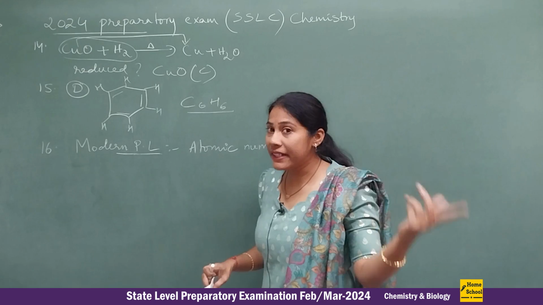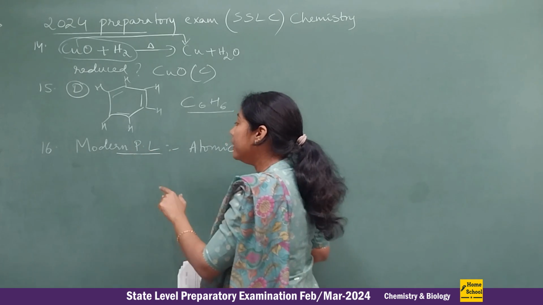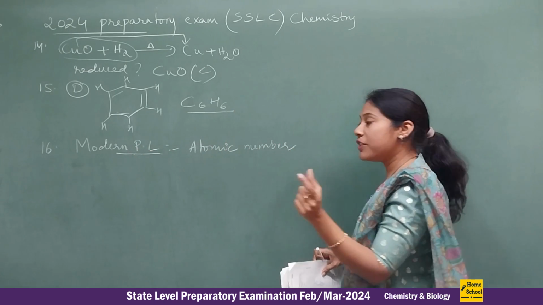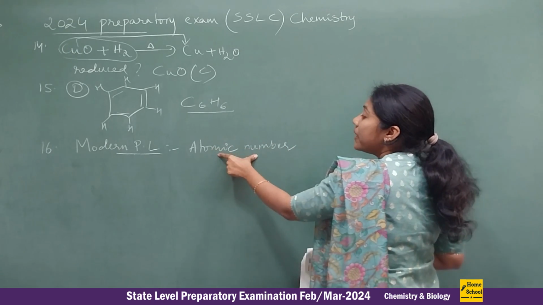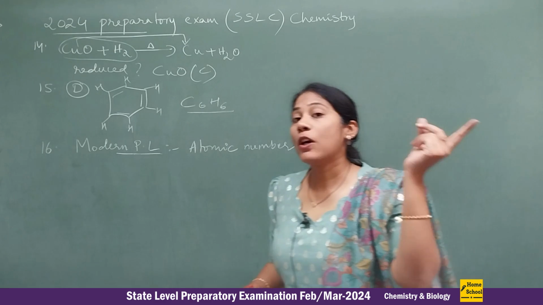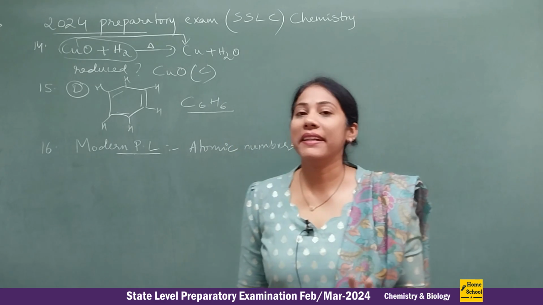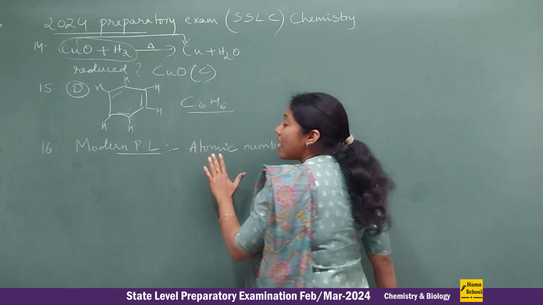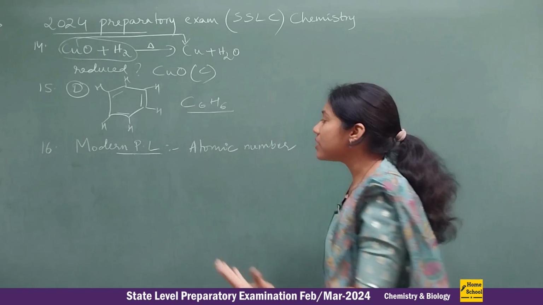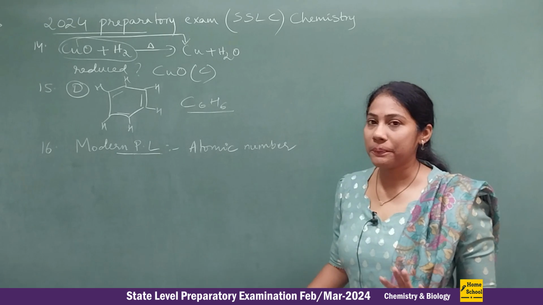That was Mendeleev's, and here it is modern. Only one word difference you will have between Mendeleev and modern: here atomic number, there atomic mass. Here it is physical and chemical properties are periodic functions of their atomic number, right?